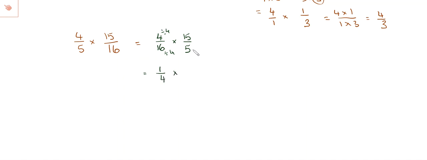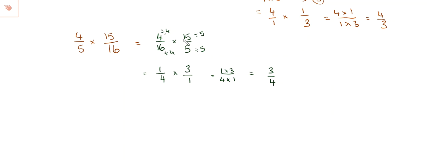Times 15 and 5 both divide by 5. So 15 divided by 5 is 3, 5 divided by 5 is 1. Now your answer is 1 times 3 over 4 times 1, which is 3 over 4.